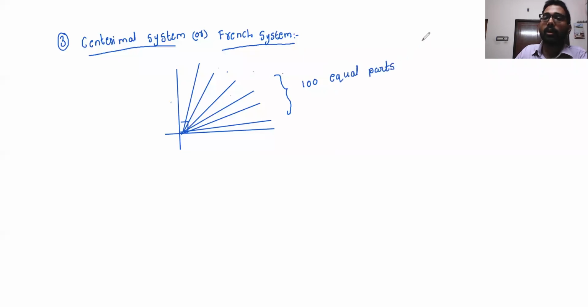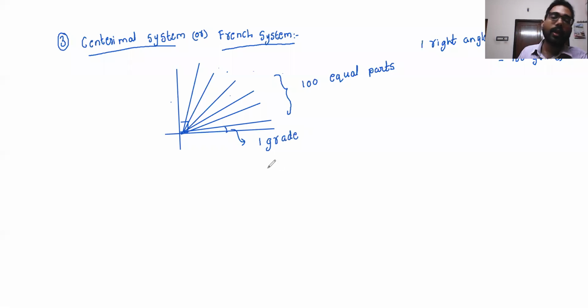We know one right angle is equal to 90 degrees. In degrees, they have divided it into 90 equal parts, and that's why it is 90 degrees. And here one right angle is equal to 100 grades. Take one part, this is going to be one grade.